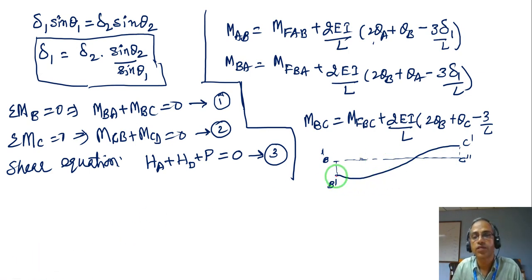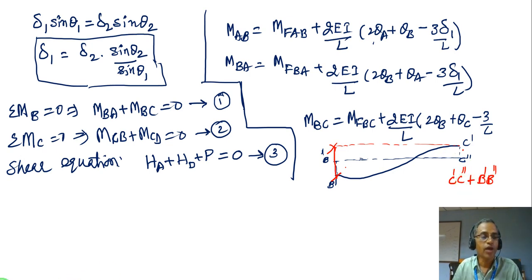If I draw this, B to C dash is the total amount of displacement that took place in member BC. So this is nothing but this plus this, that means C dash C double dash plus B dash B double dash.